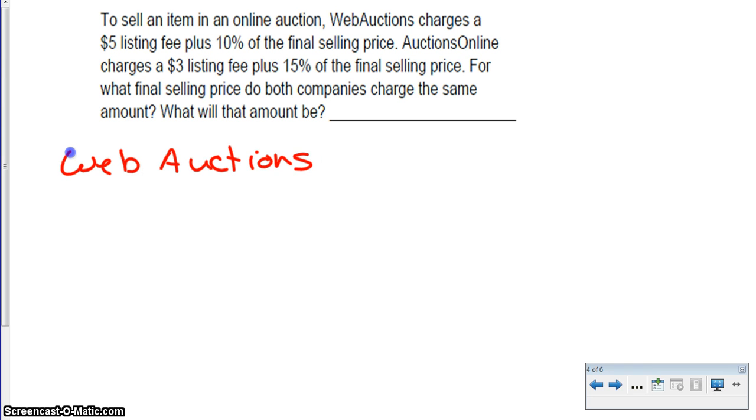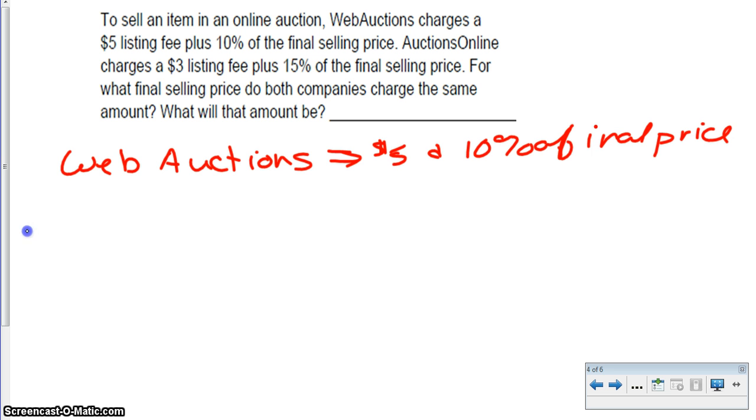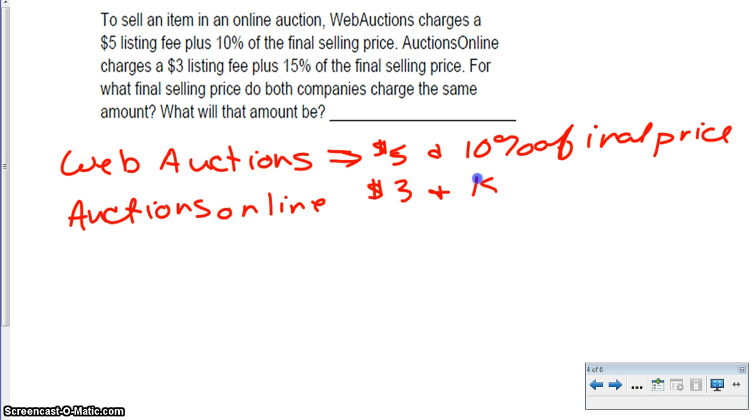Web auctions charges what? $5 and 10% of the final price. Okay? Auctions online will be $3 and 15% of the final price.